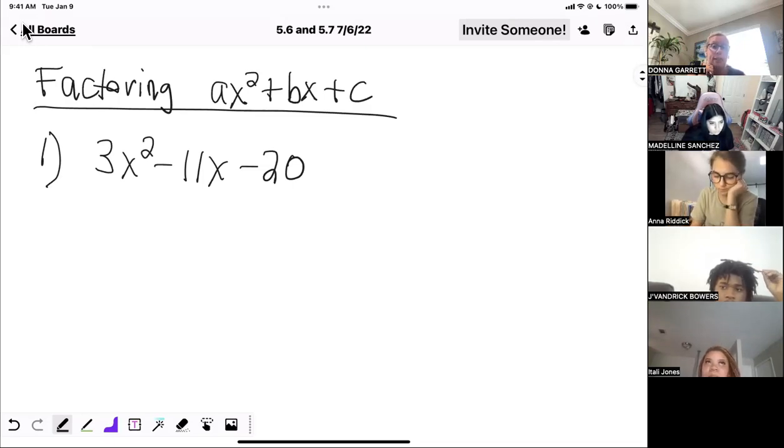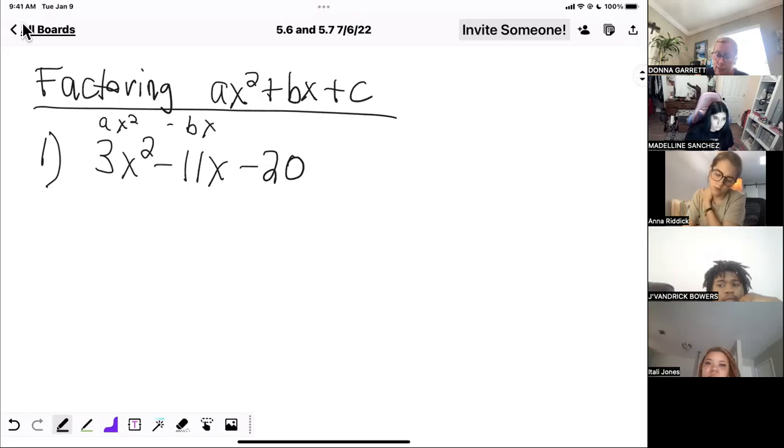X's, nope, 20 doesn't have an x, that's it, done. So we're in this form, ax squared plus bx plus c, where a is 3, b is negative 11, and c is negative 20. That's what it means.